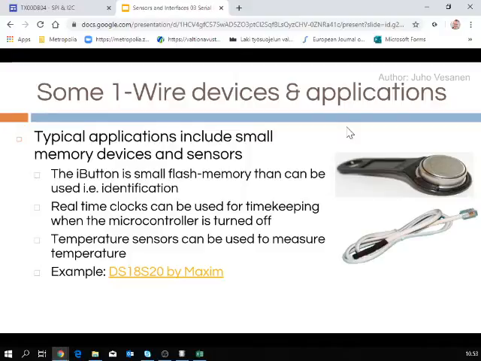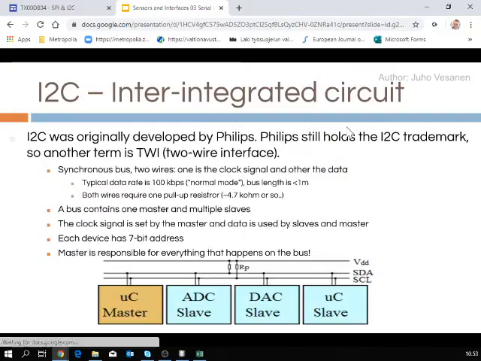Only usually when you are booting a computer, then a one-wire real-time clock will be just fine. Temperature sensors, of course, there are plenty of those. An example, DS18S20 by, basically, Maxim Dallas Semiconductors. Okay.